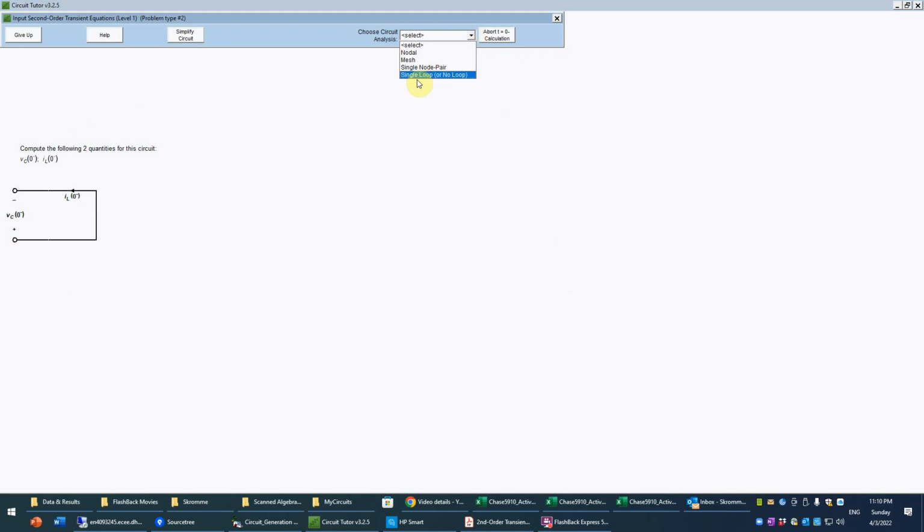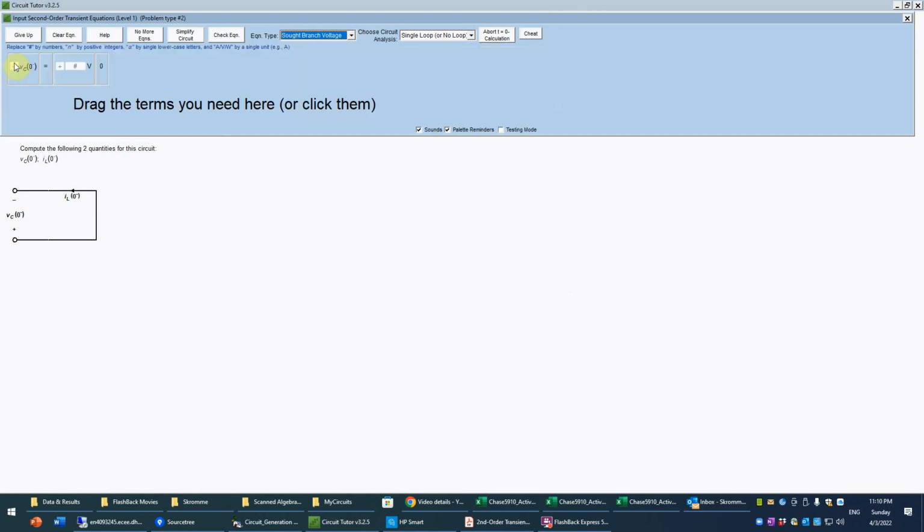So we're just going to select a single loop or no loop option here, and do our SOT capacitor voltage. As we see, that's equal to 0 because it's shorted. So that's very easy. Don't need any fancy analysis there. Likewise, for the SOT branch current, that's equally easy here because this capacitor basically is an open circuit, so everything is dangling, and there's also just nothing to drive the current.